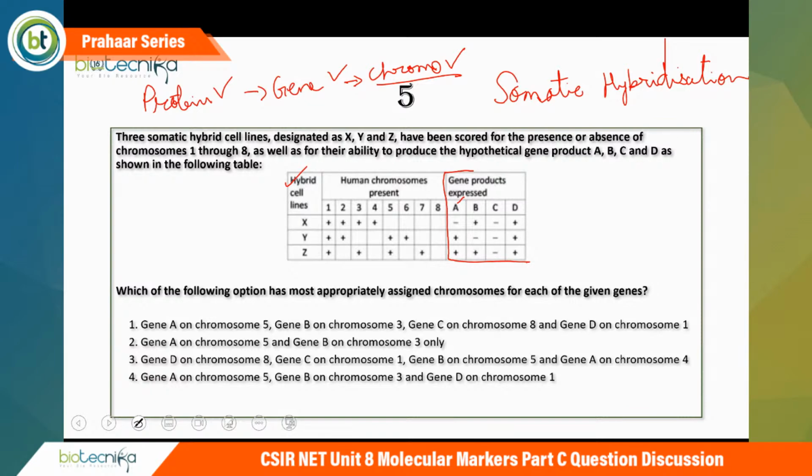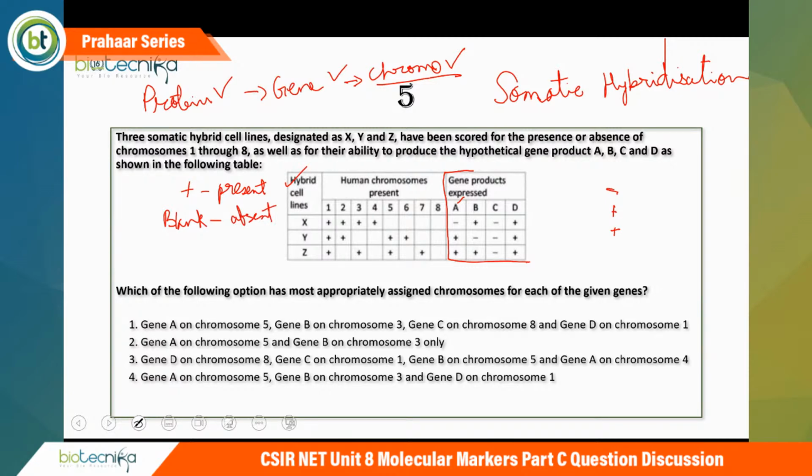So what do you think? The chromosome that is carrying the gene for this product A will also show the same type of expression, that is minus plus plus. So if any chromosome is showing this expression, that means the gene for product A is present on that chromosome. Here the profile of 8 chromosomes is given. Plus means present, sorry, plus means present, and if empty, it means absent. Blank will mean absent.